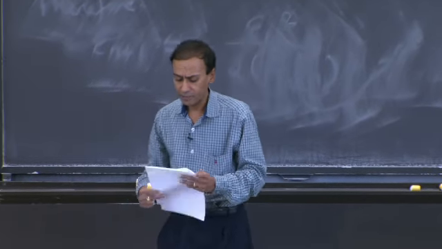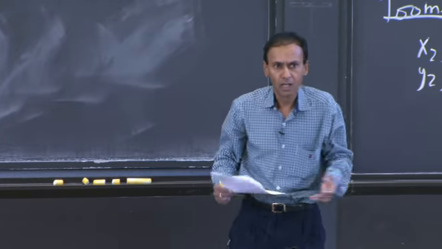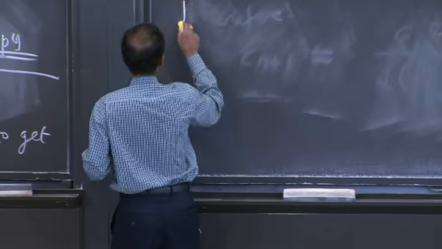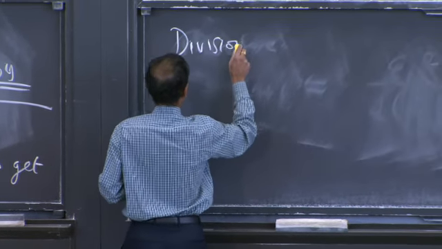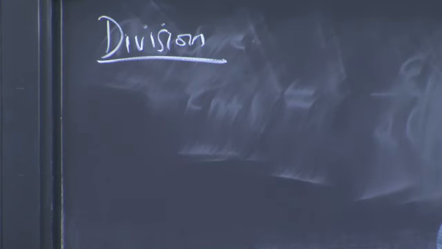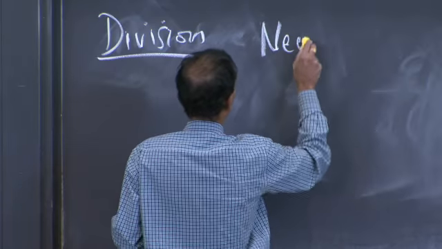But we still have this problem of computing R divided by B. Okay? So how are we going to compute R divided by B? And we want this to be a large number of digits of precision. So we're going to use Newton's method again.